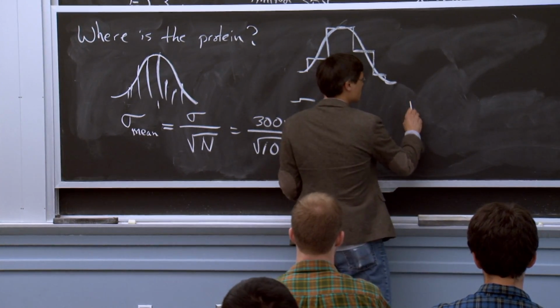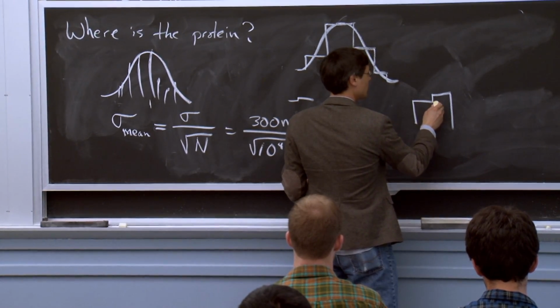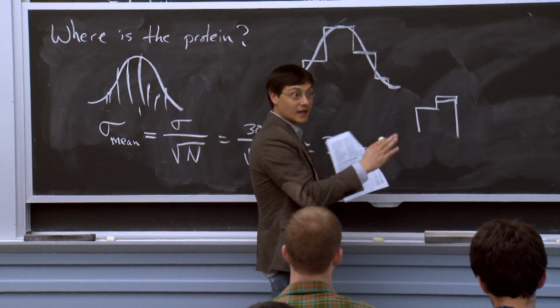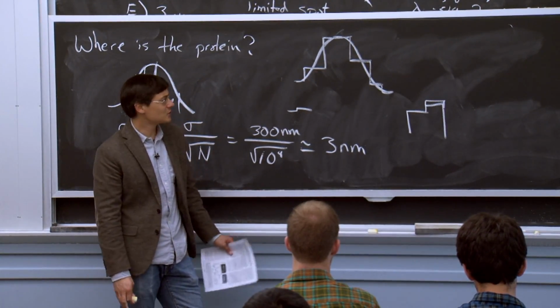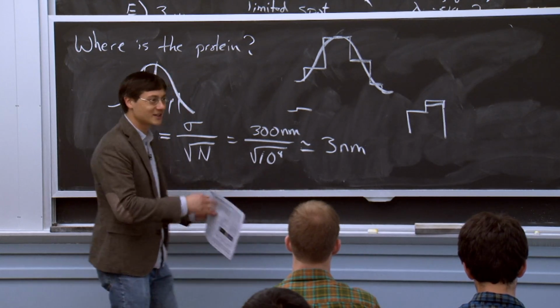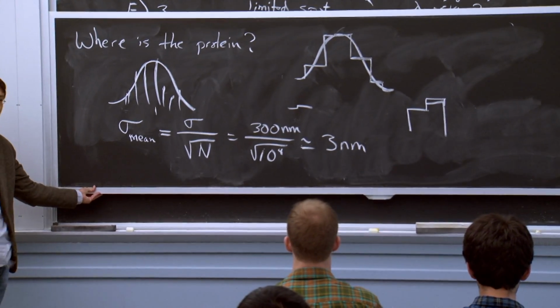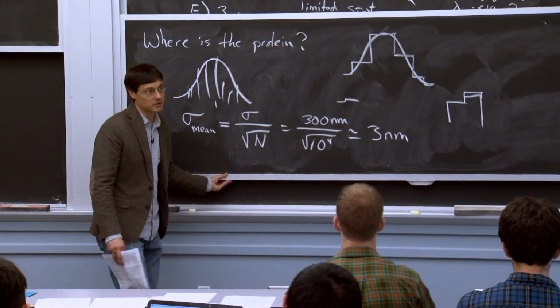But even with just 2, if it looks like this, or a little bit like that, and there's no error in our measurements, then you can get that location very well. It's surprising, I'm not gonna lie. But even with this quantization due to the CCD, you can still get down to nanometer resolution.